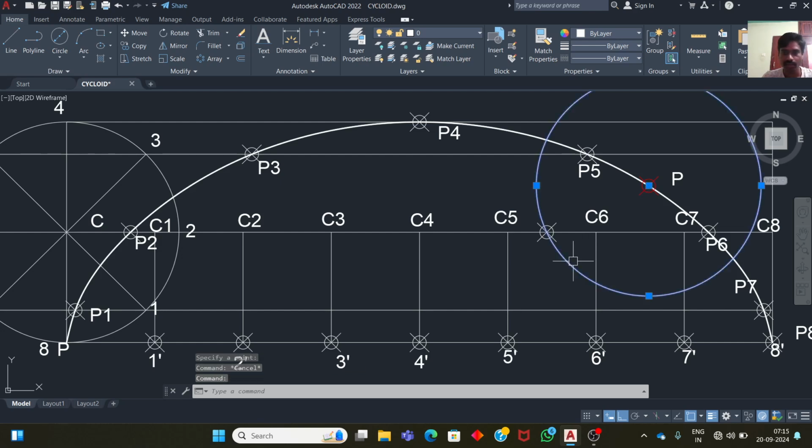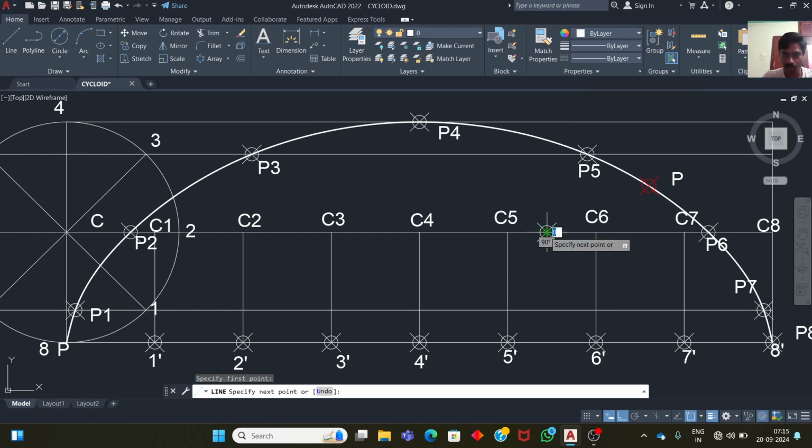Okay, we don't need this circle, erase it. So from this point, draw a perpendicular line to the generating line. Then from this point to P, draw one line.